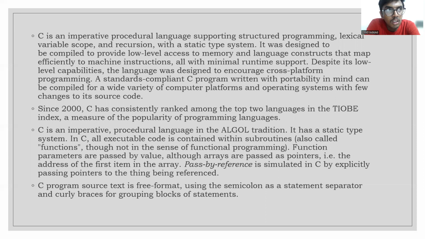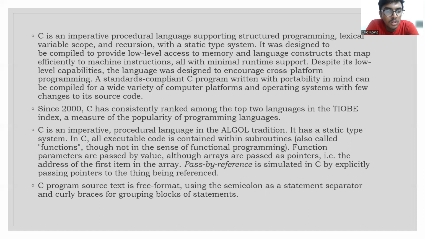Though not in the same sense of the functional programming language, function parameters are passed by value. Although arrays are passed as pointers, the address of the first item in the array, pass by reference is simulated in C by explicitly passing pointers to the thing being referenced.